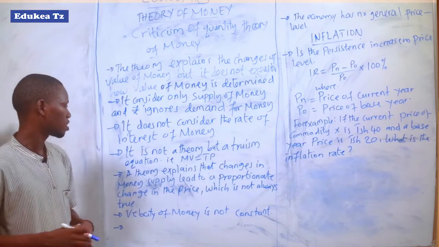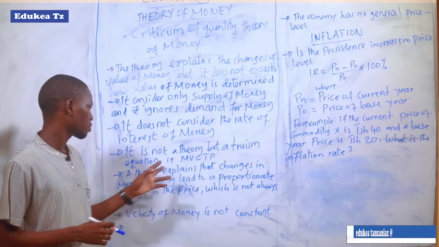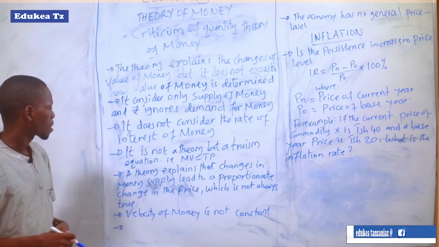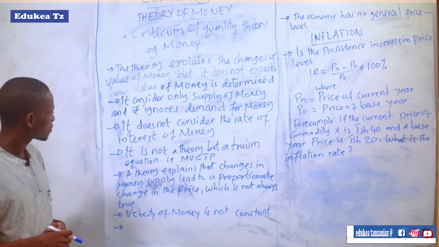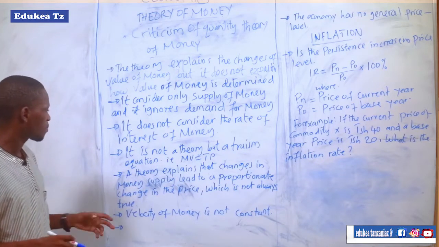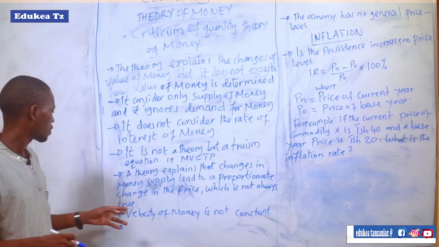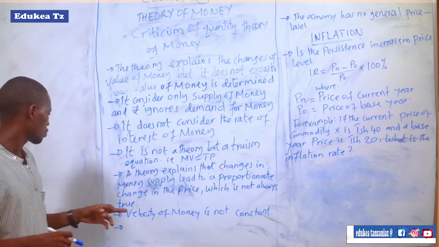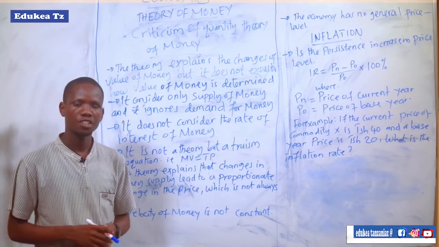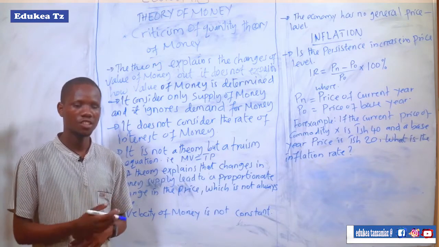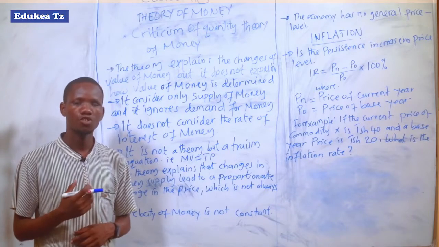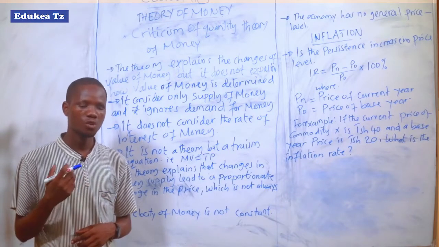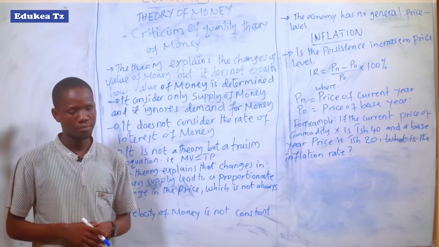So this is not a theory but a truism equation. Next point is that the theory explains that a change in money supply leads to a proportionate change in the price, which is not always true due to different circumstances like interest rate, which can be a result of different economic activities being conducted by entrepreneurs.